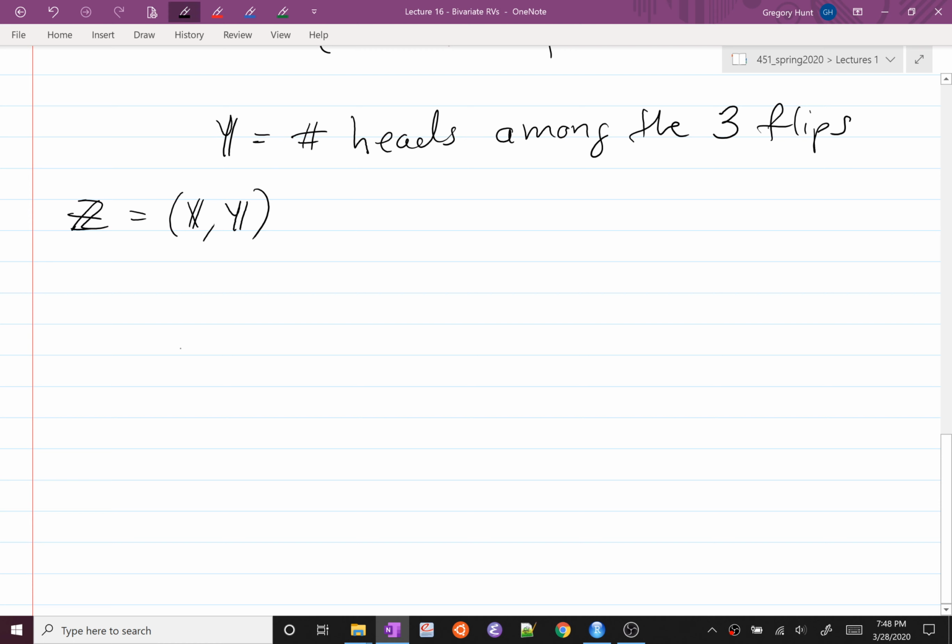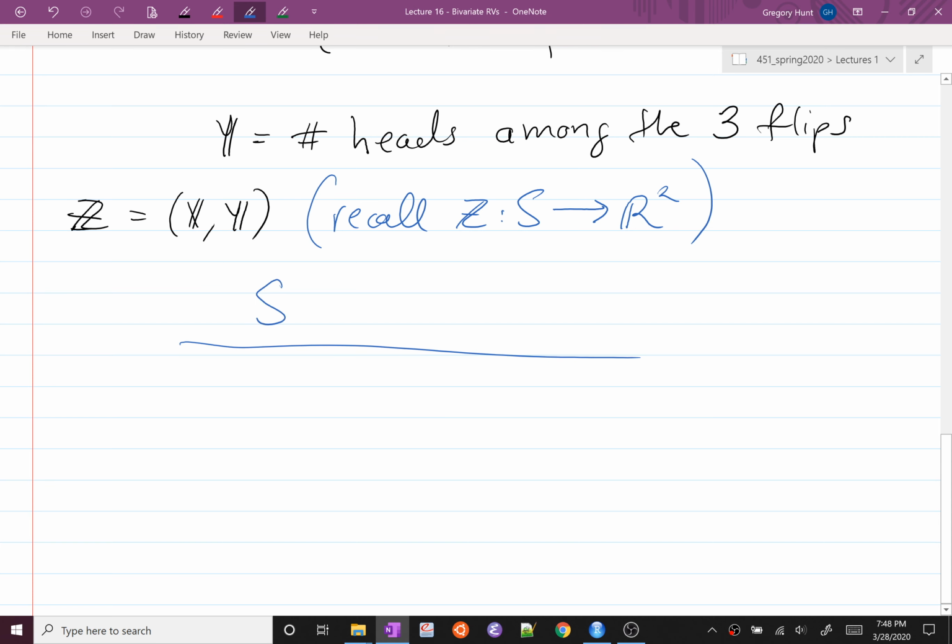Of course, it's a function, so recall, you can think of this z, or this bivariate thing, as a function. Before we'd say it goes from S to R, but now it's S to R2. And you could actually draw the table that says, for my outcome, little s in my sample space, what is z of s, which is x of s, comma, y of s.